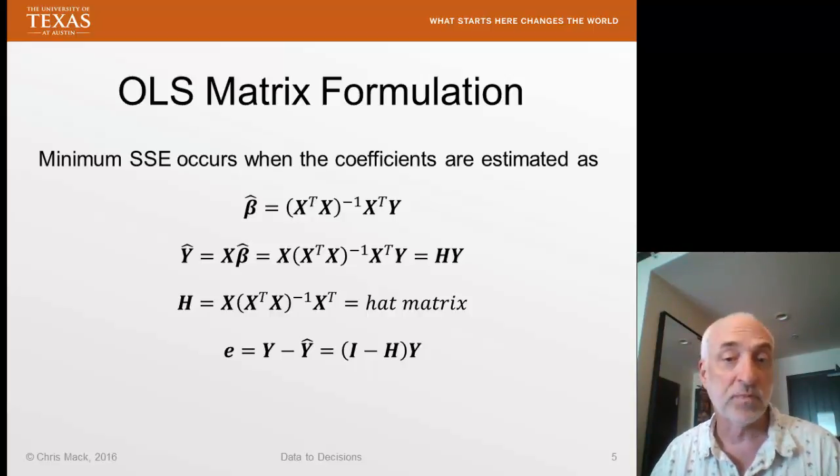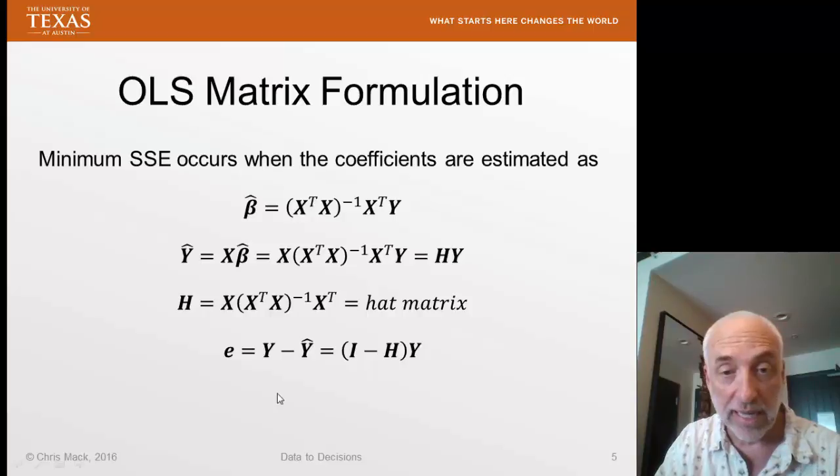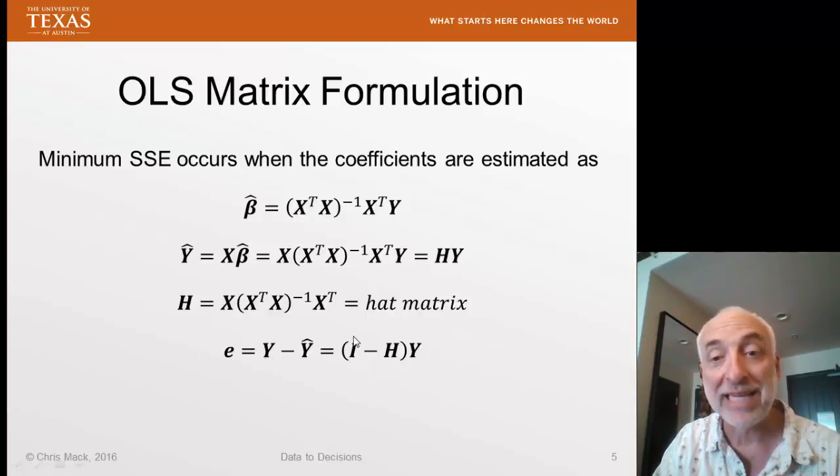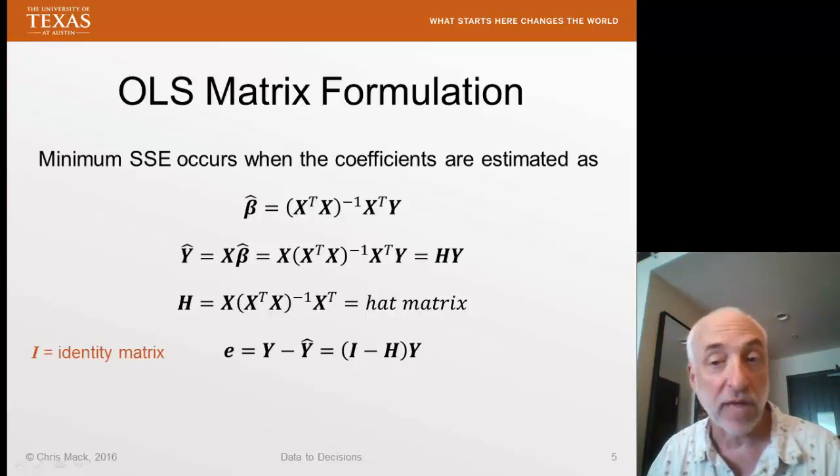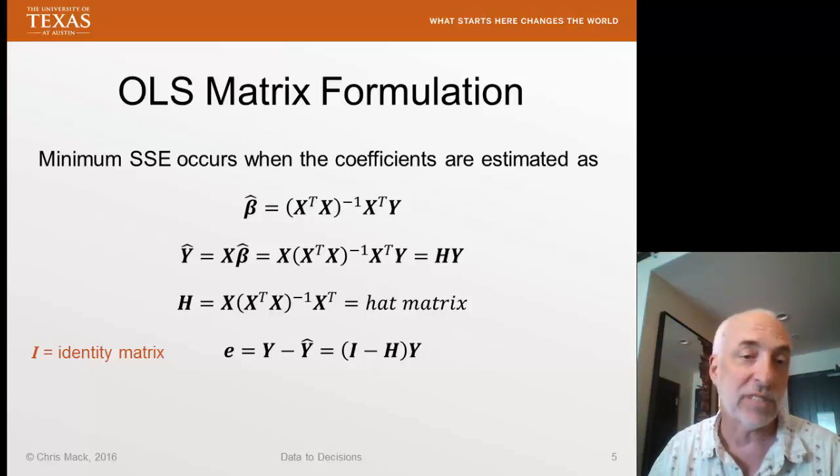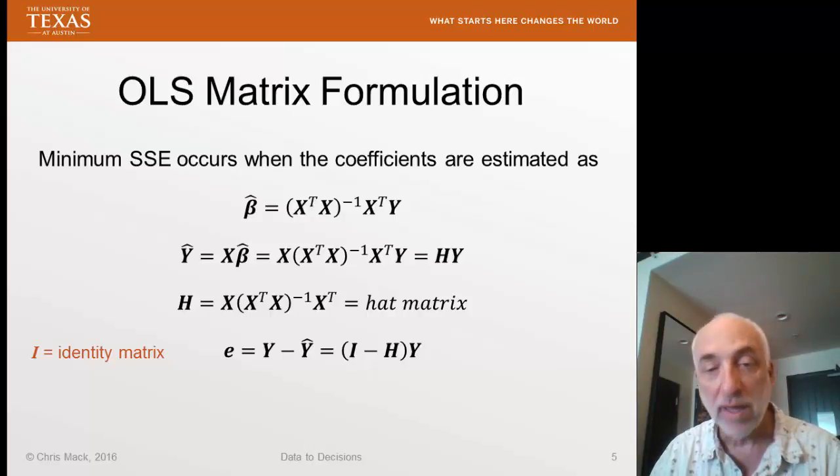And the residual matrix, E, will be y minus y hat, which is simply the identity matrix I minus H, the hat matrix. All of that multiplied by y. Now the identity matrix is the equivalent of 1 in matrix form. All the diagonal elements of the matrix are 1, and non-diagonal matrix elements are 0.